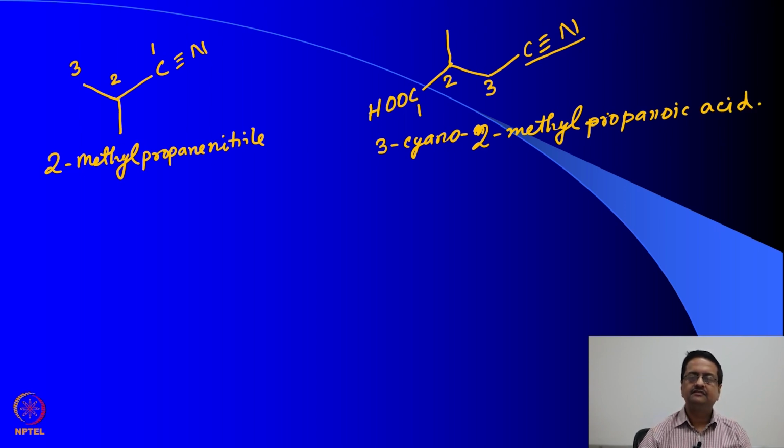So, when cyanide is not the only functional group or the main functional group, we write it as 3-cyano, and when it is the only functional group or the main functional group, we write it as nitrile.